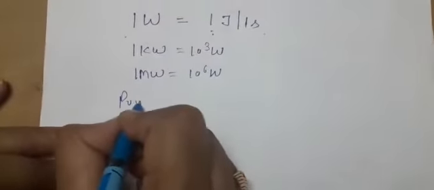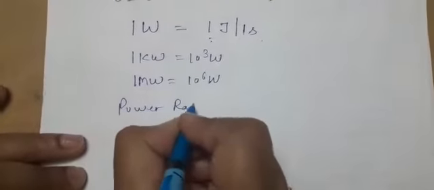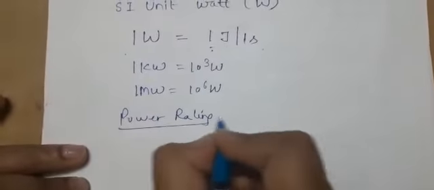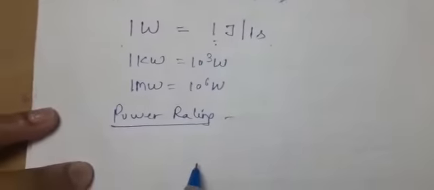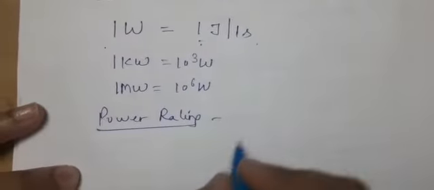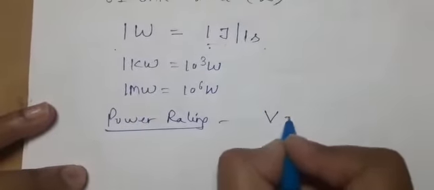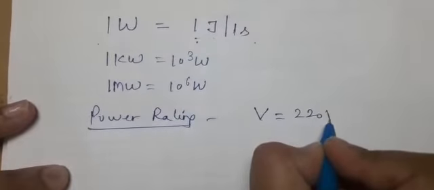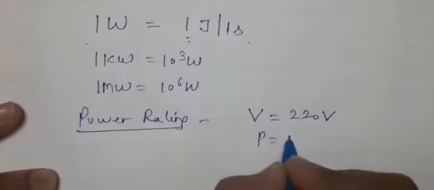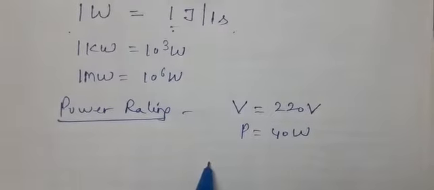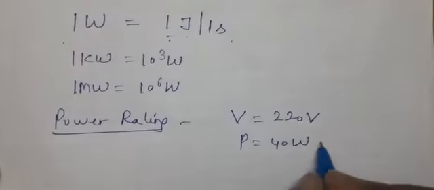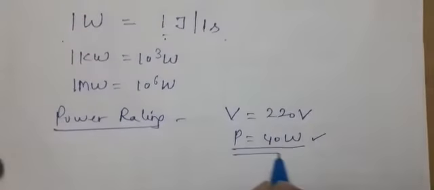Now power rating, which I will take very briefly. When you go to the market to purchase a tube or bulb or any power appliance, you specify its power rating. We know that in our homes the voltage supply is 220 volt. You say we require a tube light of 40 watt or a 100 watt bulb. This is the power rating.